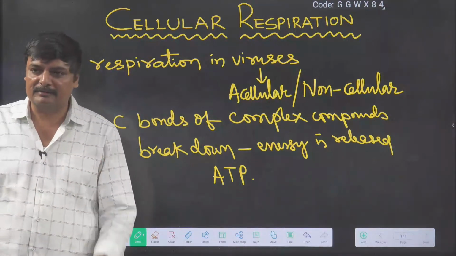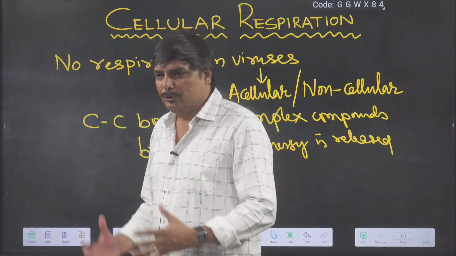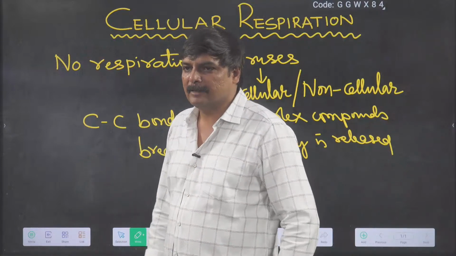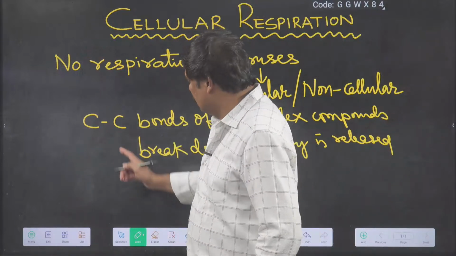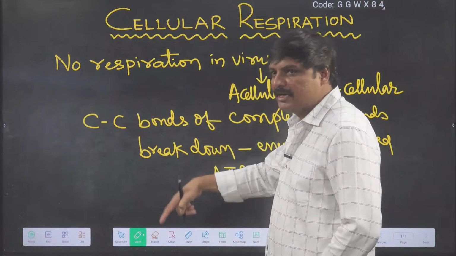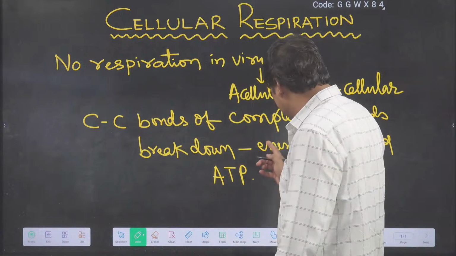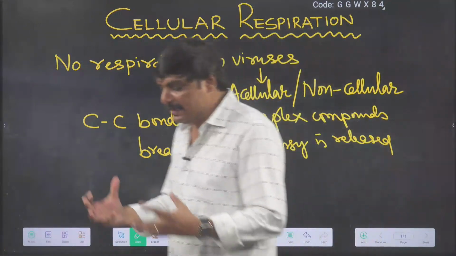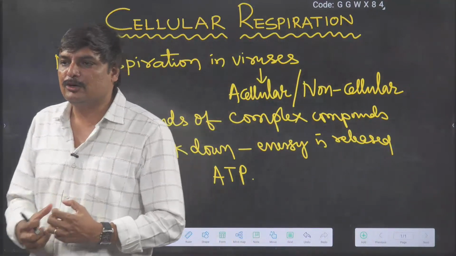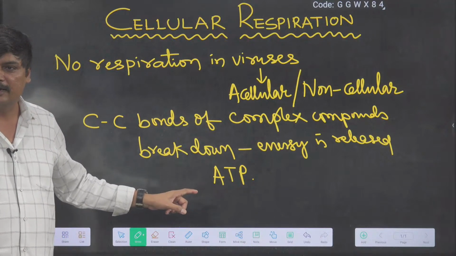I repeat again. During respiration, in the cells, C-C bonds of complex compounds break down with the liberation of energy. This energy is used to synthesize ATP.